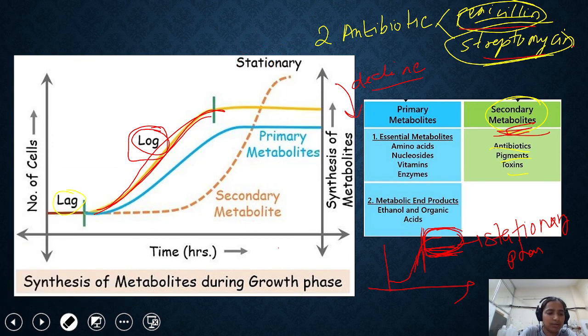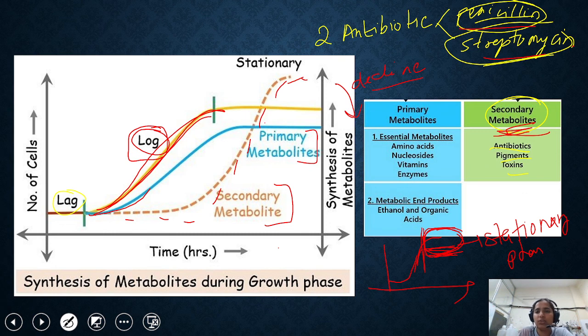You can check from the graph that this blue curve shows the primary metabolite, whose concentration increases as growth occurs, especially in the log phase. But the secondary metabolite, shown here with a dashed line, usually starts forming at the stationary phase.